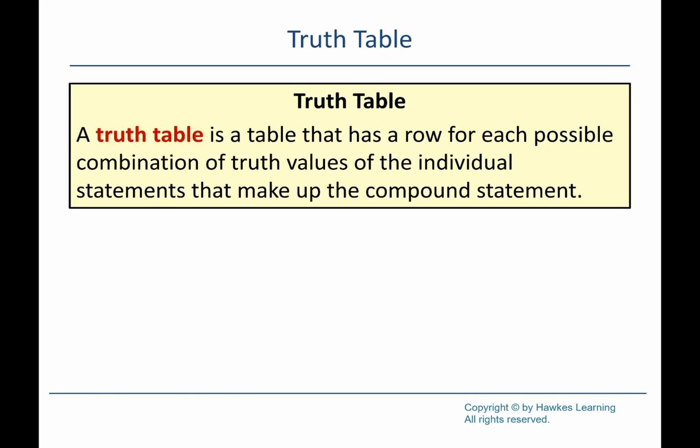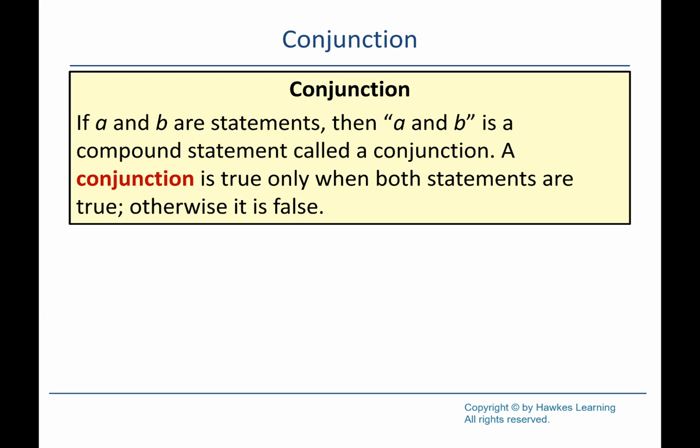Our first connecting word that we used to put two statements together was and. If you take two statements and join them with and, we get what we call a conjunction. I know in English we normally call and a conjunction, and or a conjunction, and several other words, but in logic, we only call using and a conjunction.